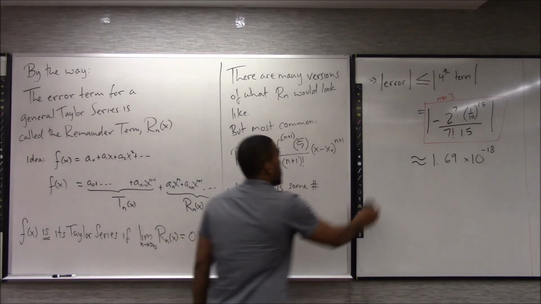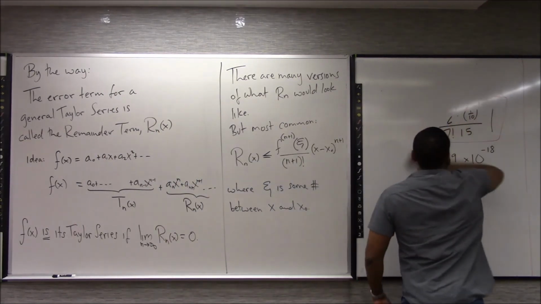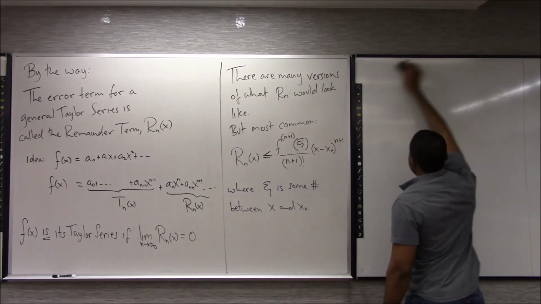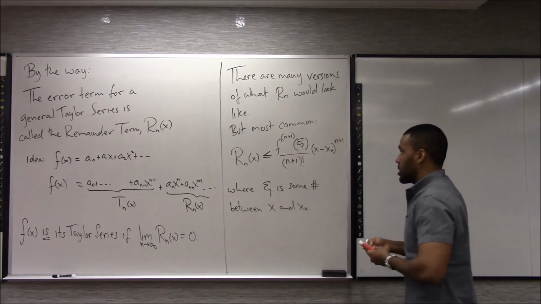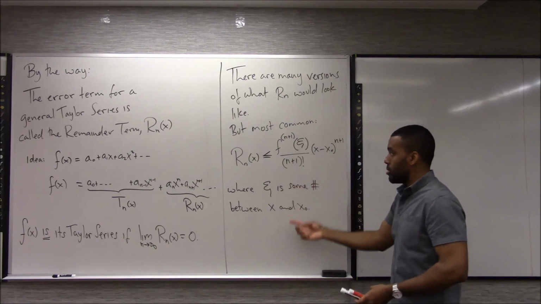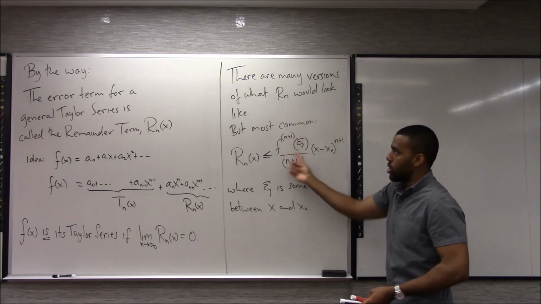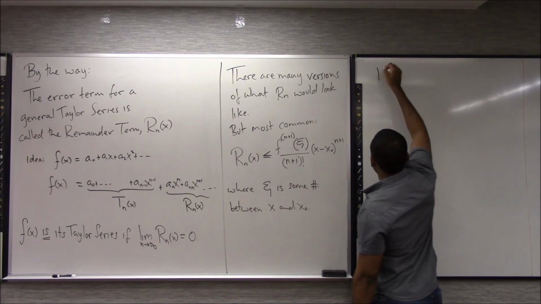And so the idea is, you just want to find the best approximation. Basically what you do is you just make sure that this guy never, no matter what number you pick in this interval, is greater than some bound.